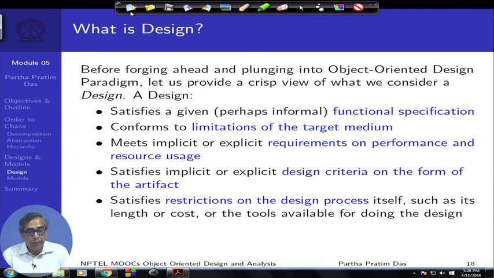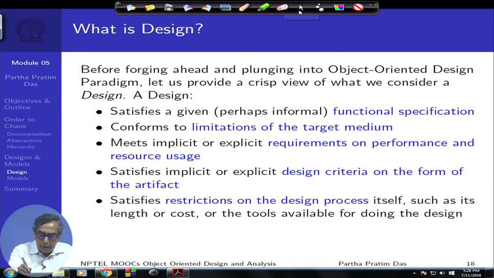So, the design process itself has to work within the limitation, the constraints of the tools, time, cost, human resource, and so on. So, whenever we talk about design, whenever we take an exercise in design, all these 5 factors, please keep them in mind, because missing one or more of them will certainly lead to a design which will not be workable, acceptable in terms of a working system.